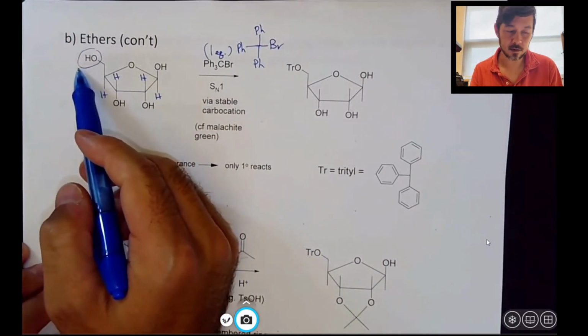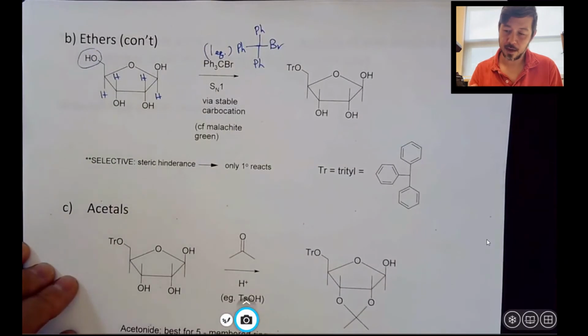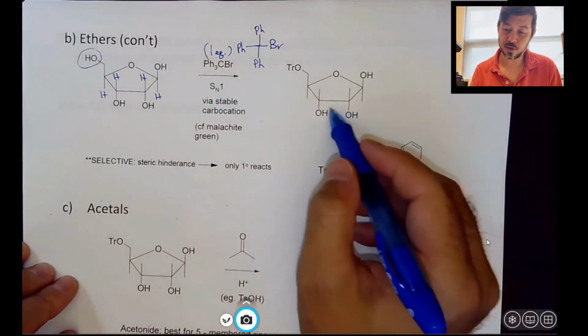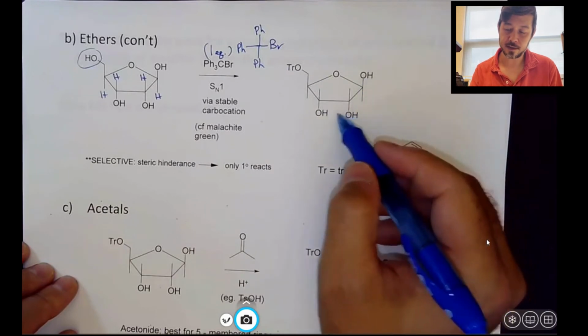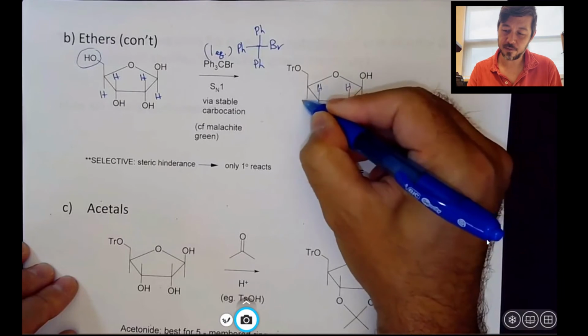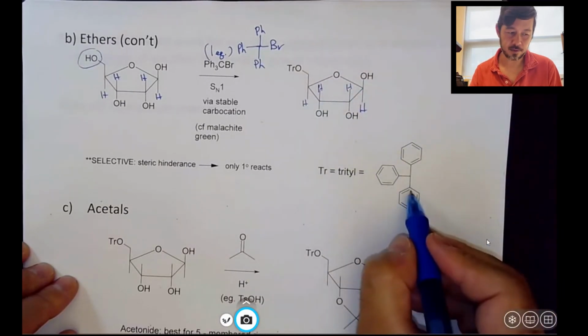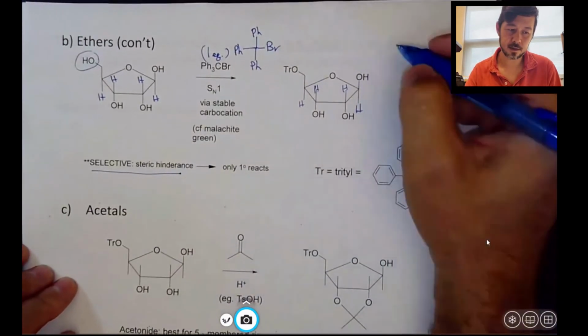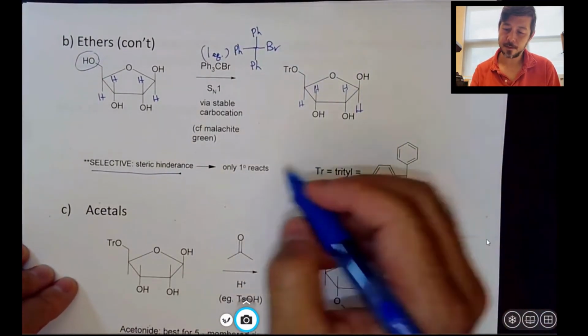It's less sterically cumbersome, and if you control the equivalence, then you don't really need to worry about reacting this big bulky group. So this is often abbreviated as the trityl group, as I'm showing here. Selective steric hindrance, only the primary reacts.